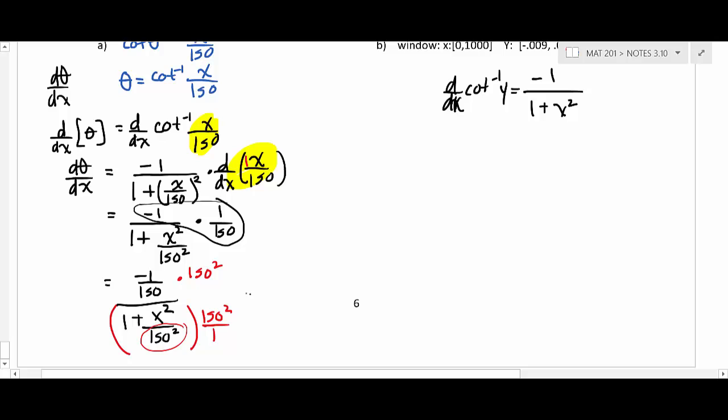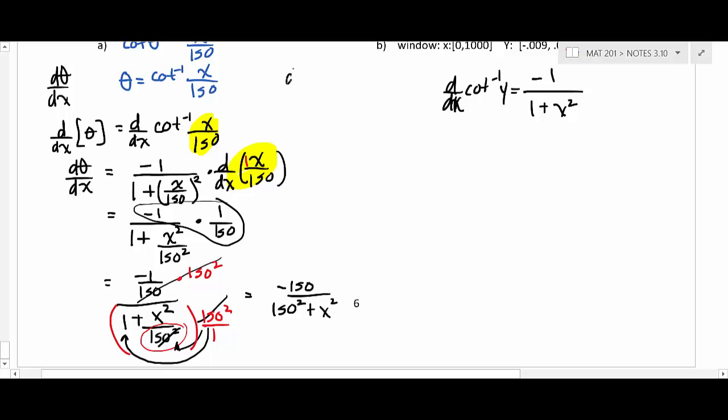Okay, so if we do this now, what's that numerator going to be? 150, right? One of them cancels out because you got a square there. So that's negative 150. And then in the bottom, you're doing a distributive property. So 1 times 150 squared, I just write it as 150 squared. And then when I multiply these out, that cancels, leaving you x squared.